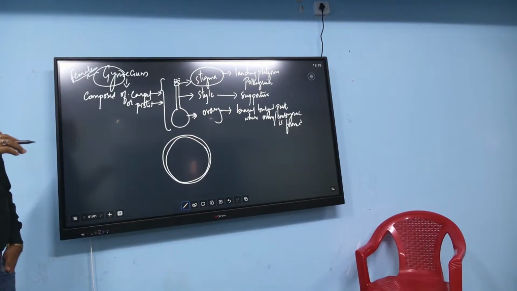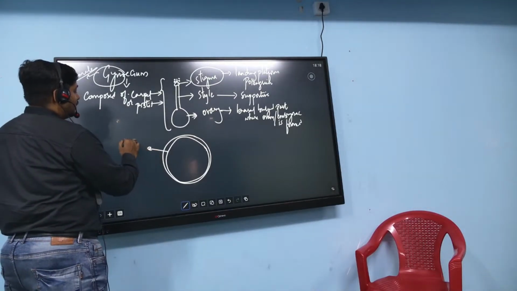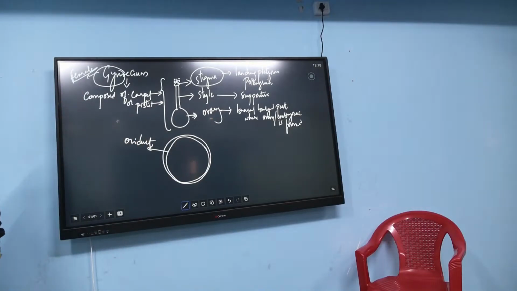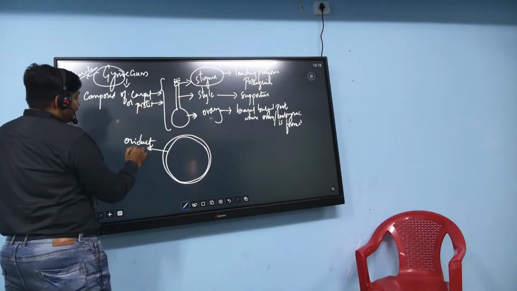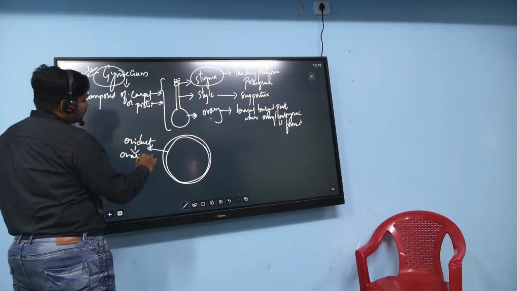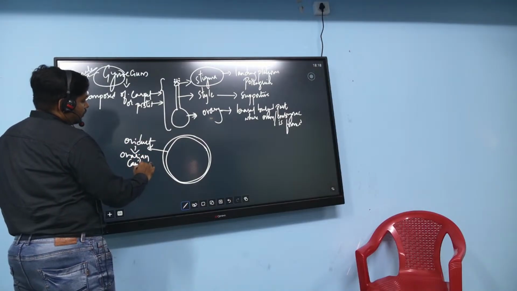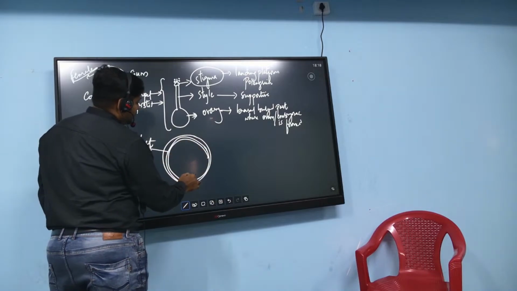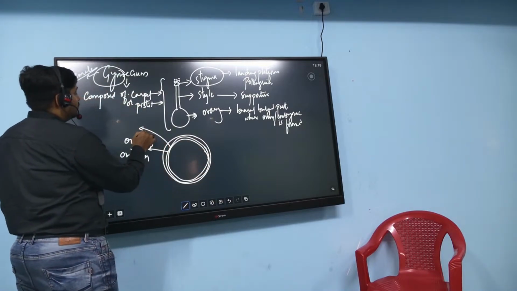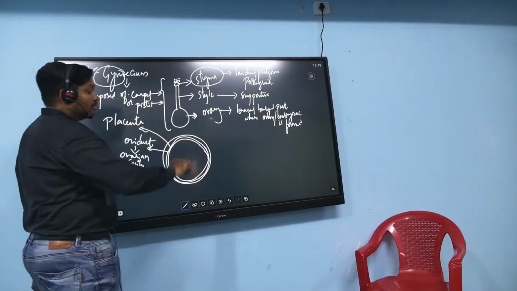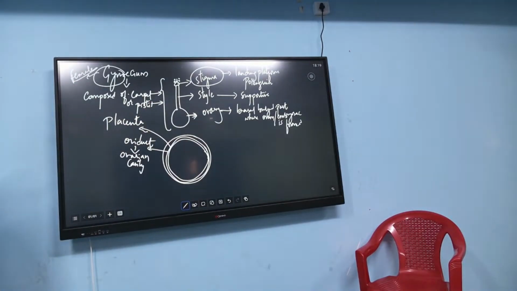Inside the ovary, the first part is called the oviduct, which can also be called the ovarian cavity. Inside this ovarian cavity, we see the next layer, which is called the placenta.